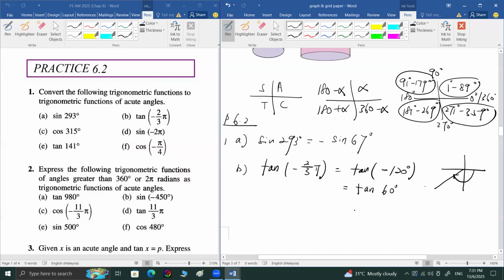But the given one is in radian form, so you have to change the 60 to radian. You learned in Form 4, the circular measure. When you simplify, you get 1/3 pi. Can follow?